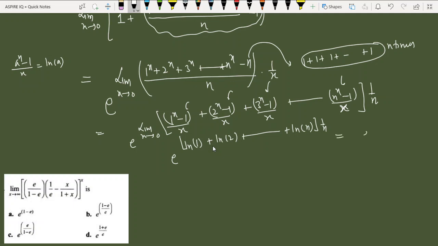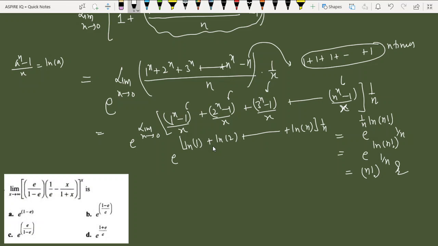So your answer is e to the power (ln n factorial) to the power 1 by n, so your answer is n factorial to the power 1 by n. Okay, so this is your answer.